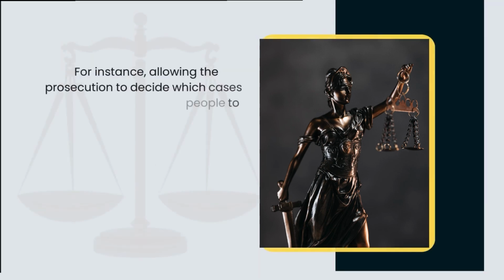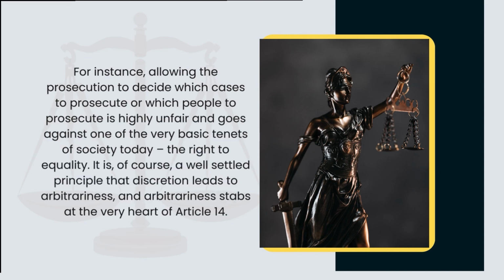For instance, allowing the prosecution to decide which cases to prosecute or which people to prosecute is highly unfair and goes against one of the very basic tenets of society. Today, the right to equality, it is of course a well settled principle that discretion leads to arbitrariness, and arbitrariness stabs at the very heart of Article 14.